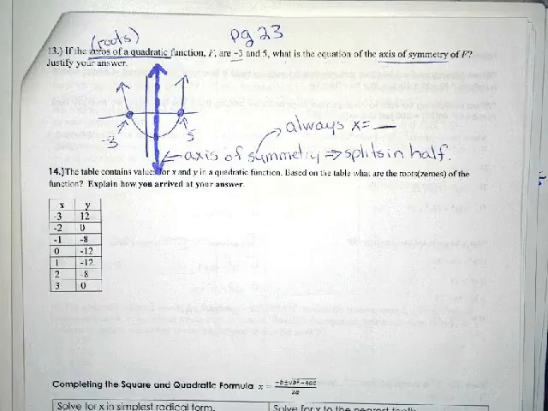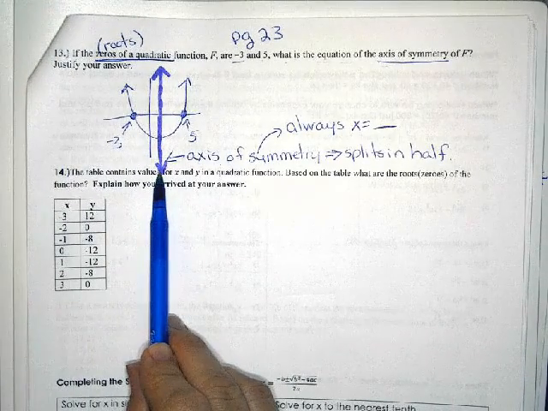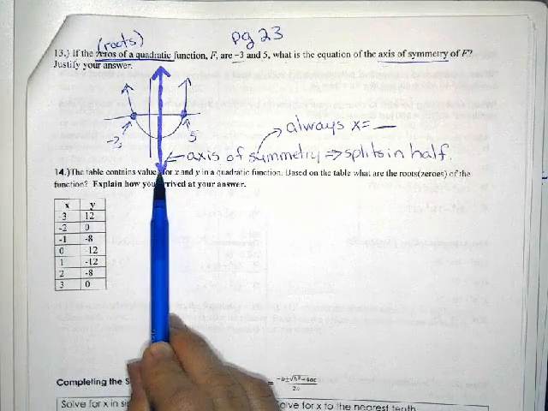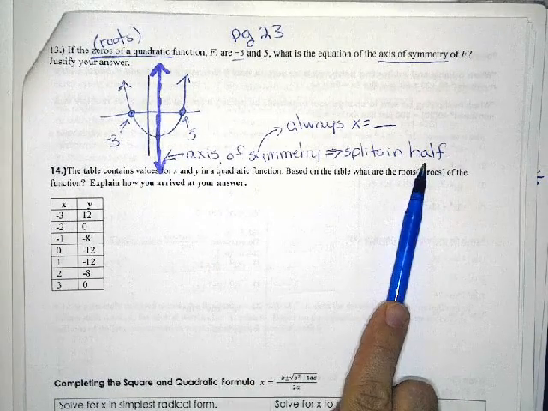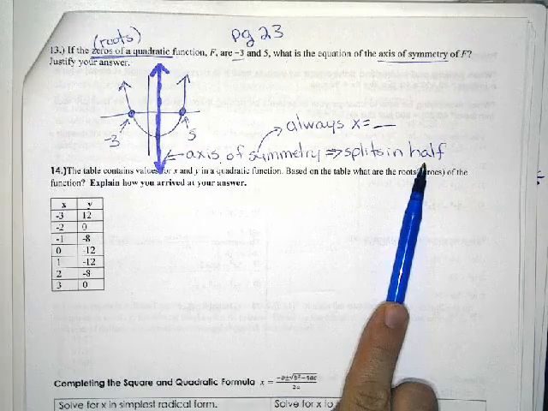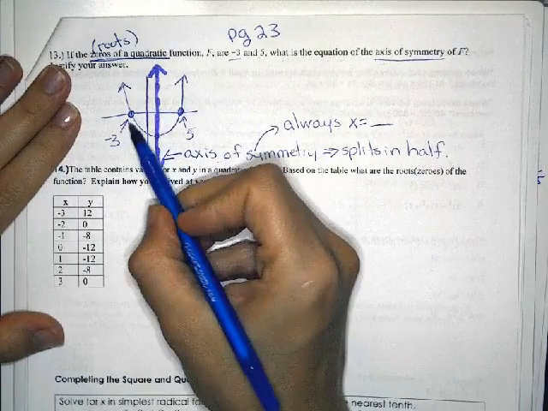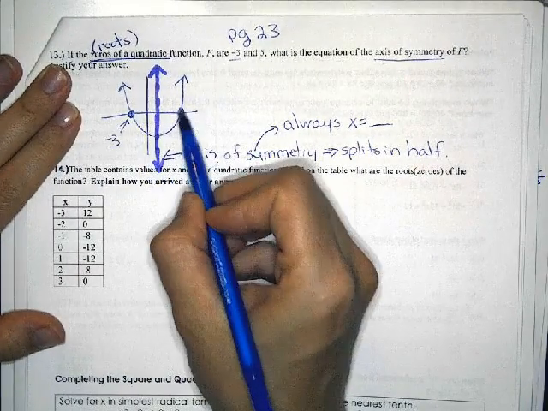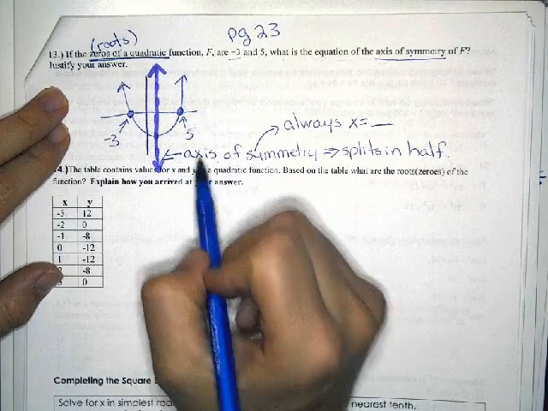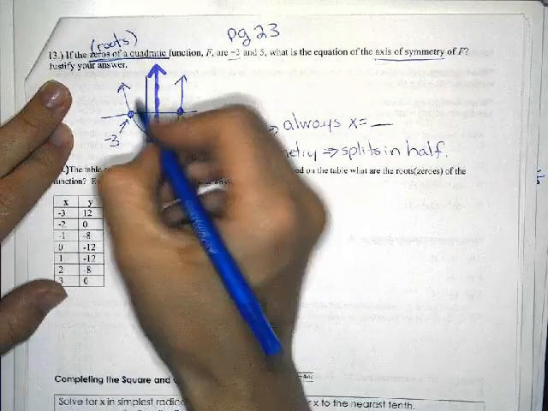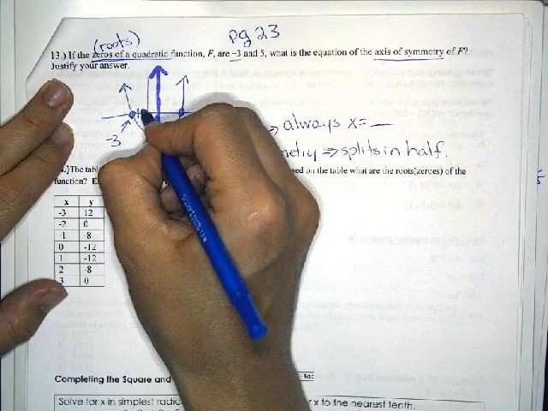Where is this line again? It's halfway in between -3 and 5. What's halfway in between -3 and 5? 4.